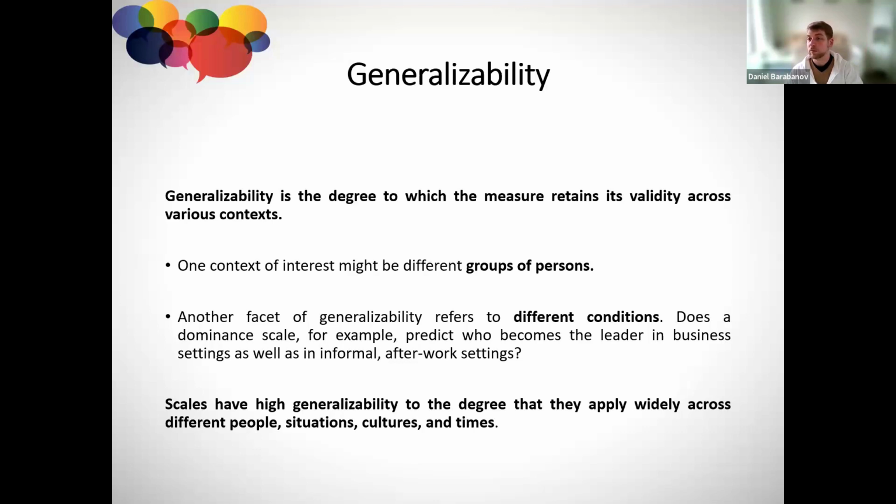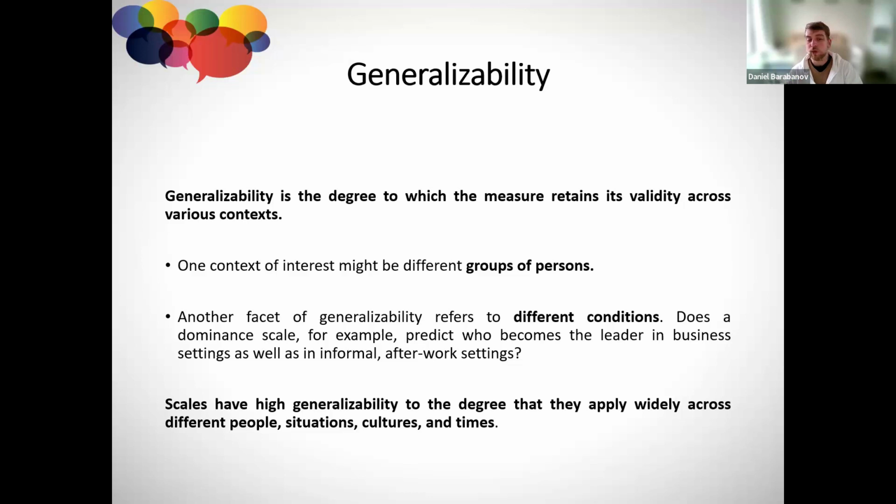Does a dominance scale, which measures how dominant or submissive you are, predict who becomes the leader in a business setting as well as in informal after-work settings? Because people can assert their dominance in different types of relationships. A test designed to measure it should show it in different conditions.